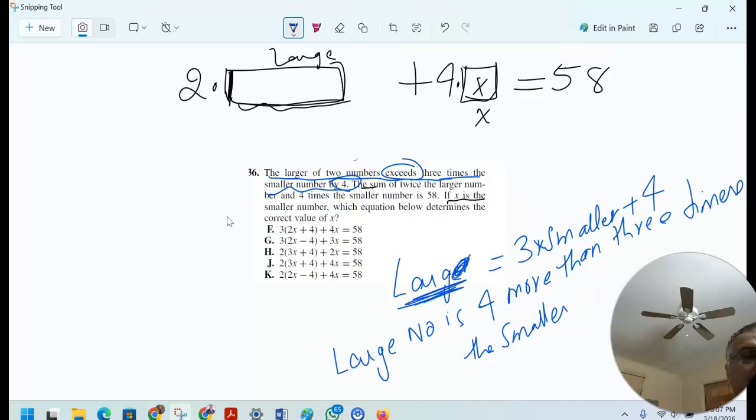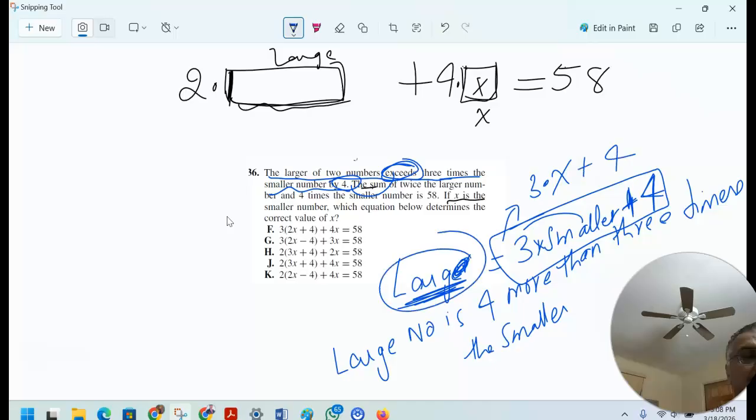So 4 more basically means exceeds by 4. That's what this means. So in other words, the large number is 3 times x plus 4.